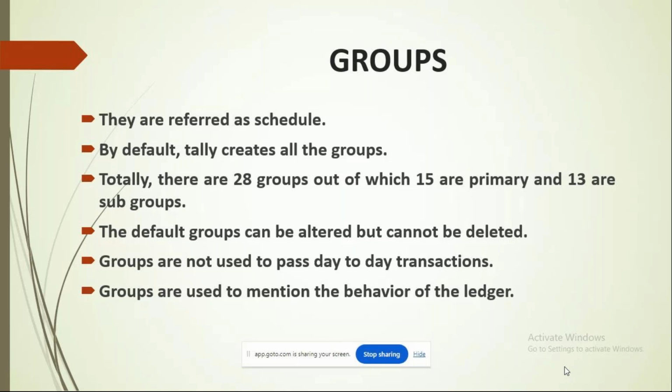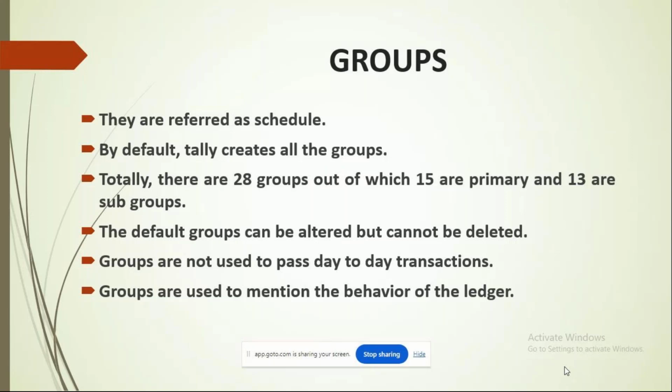Suppose we purchase plant and machinery, how do we put up the entry? We debit plant and machinery and credit either cash or bank. We never say debit fixed assets and credit cash or bank. So groups are not used to pass entries; ledgers are used to pass the day-to-day entries. And very important, groups are used to mention the behavior of the ledger.